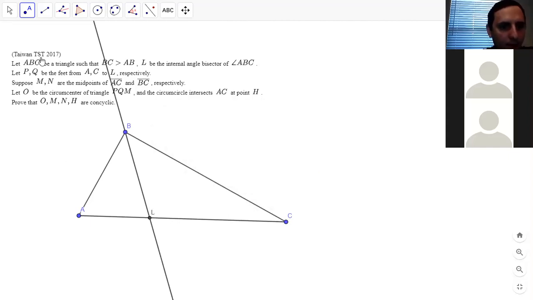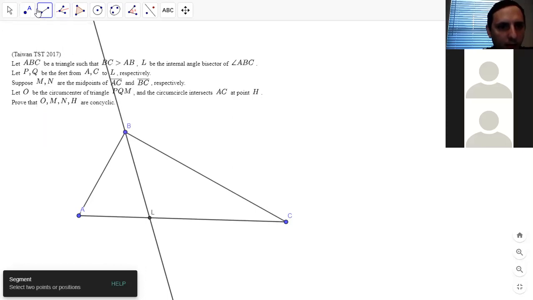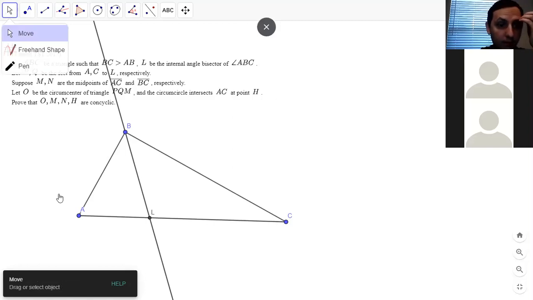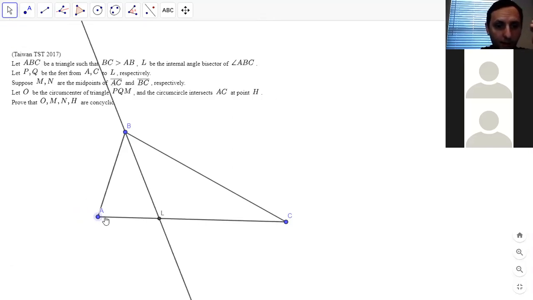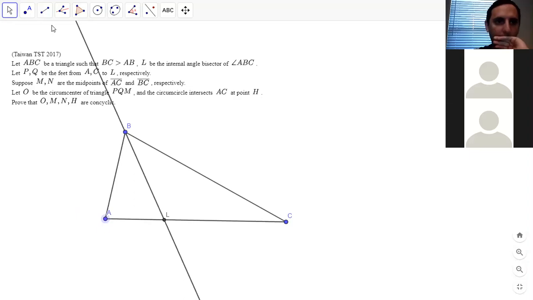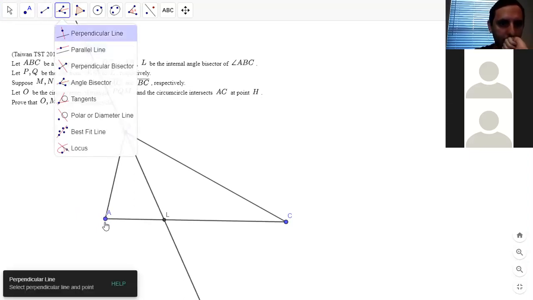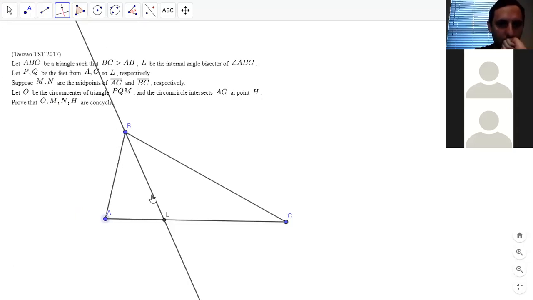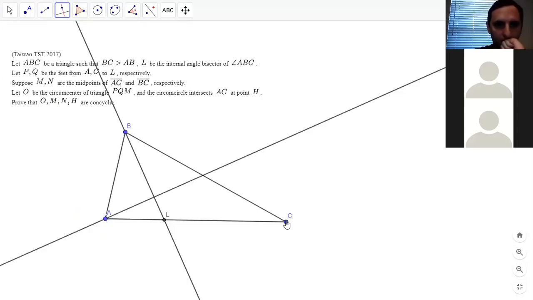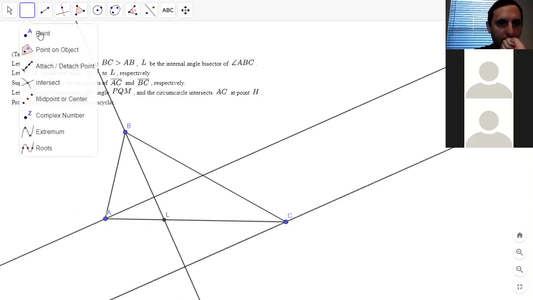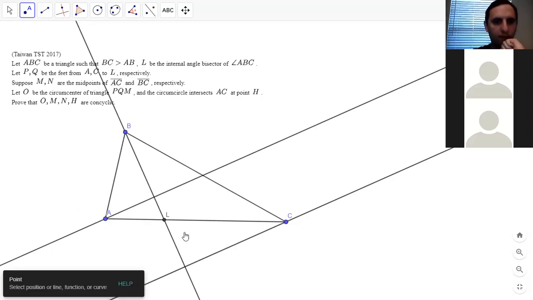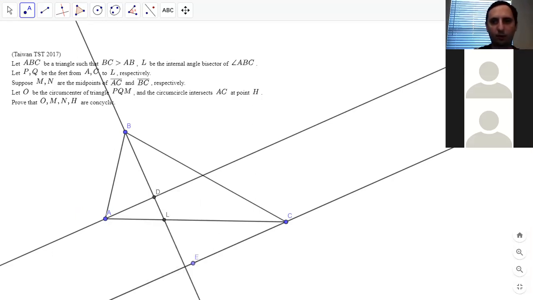And PQ are the perpendiculars from, I don't know if they mean A and C to BL. That might make more sense. So I'm going to do that for now. So that's P and Q.